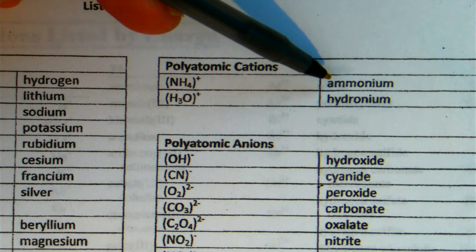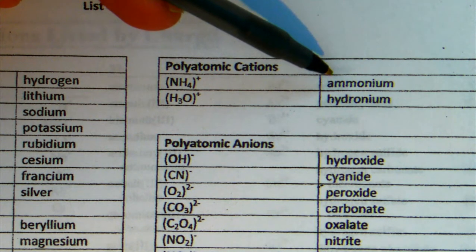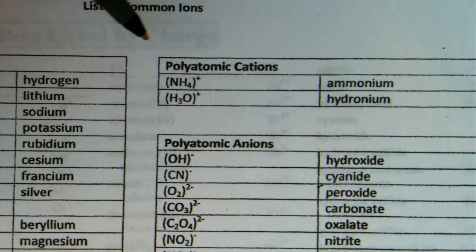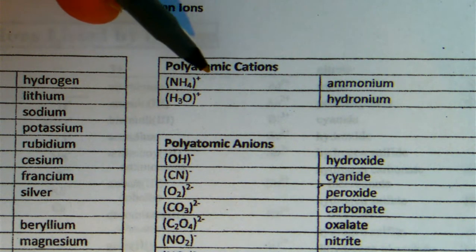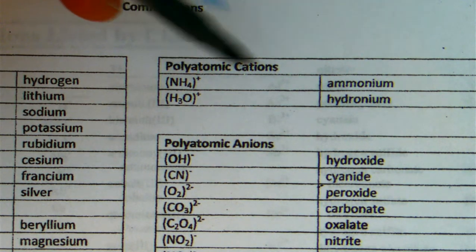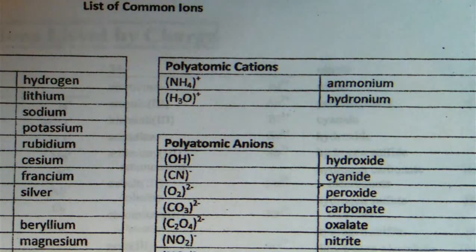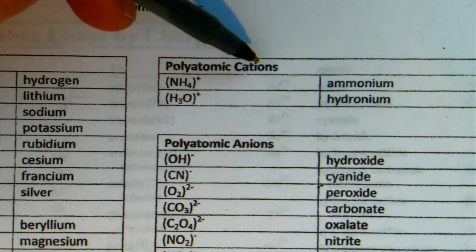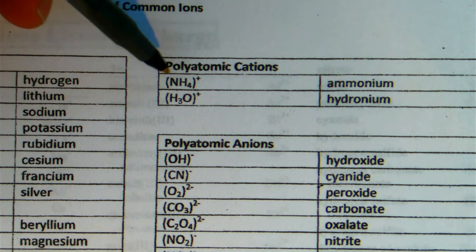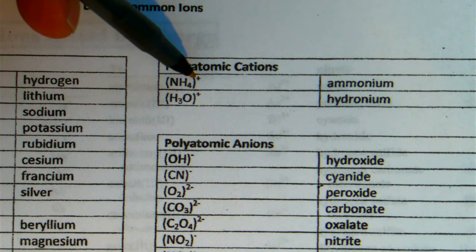That is different from ammonia. Ammonia is a neutral molecule with the formula NH3. It has no electric charge, it's neutral. Ammonia is used in fertilizer, and plants use it. And explosives, I suppose. Ammonium is a polyatomic cation, and this group always has a plus 1 charge.